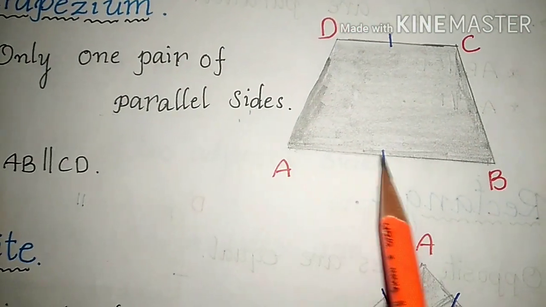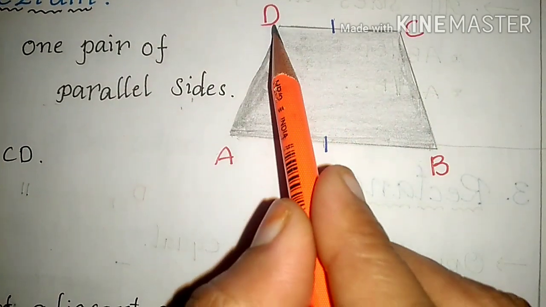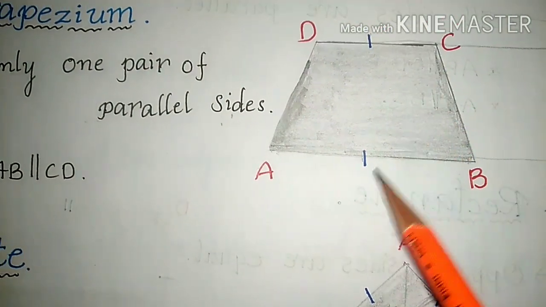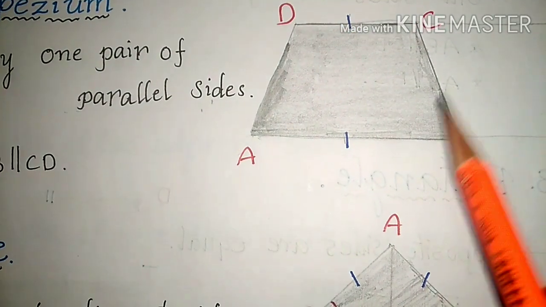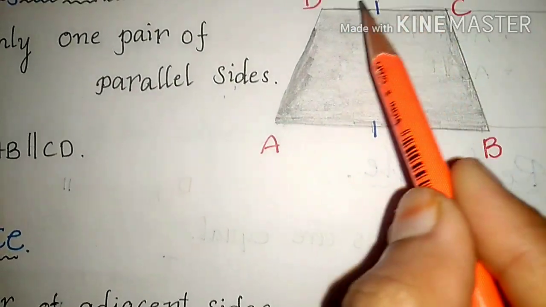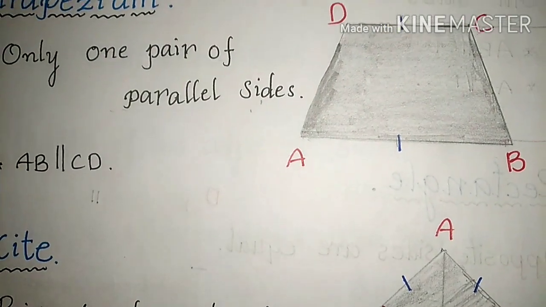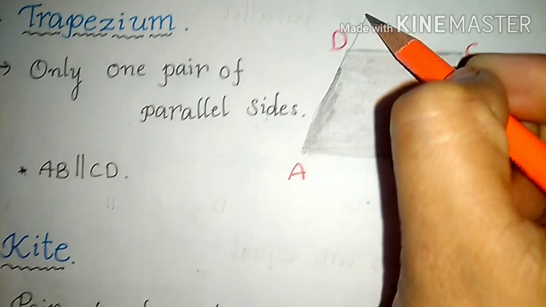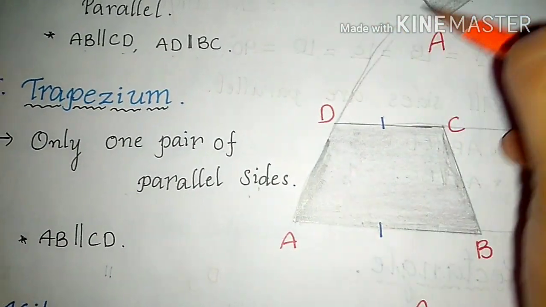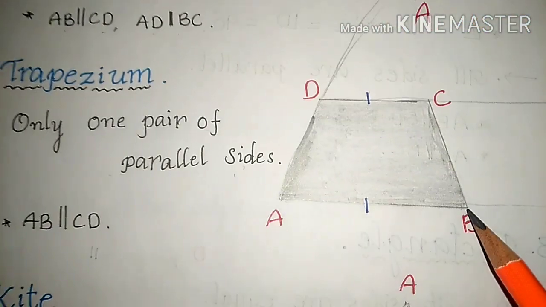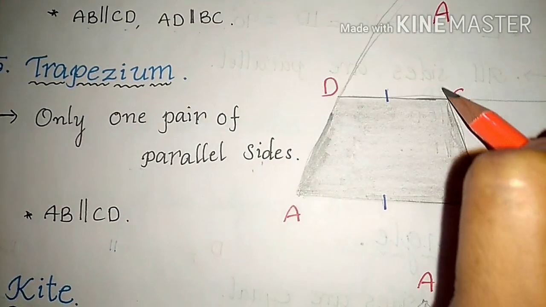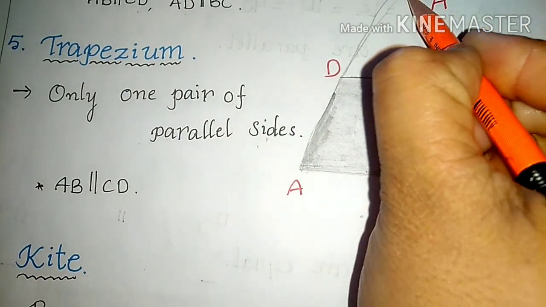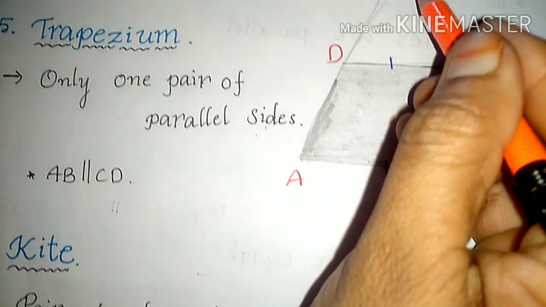If we produce the line segments AD and BC, these two lines meet at one point, so they are not parallel.